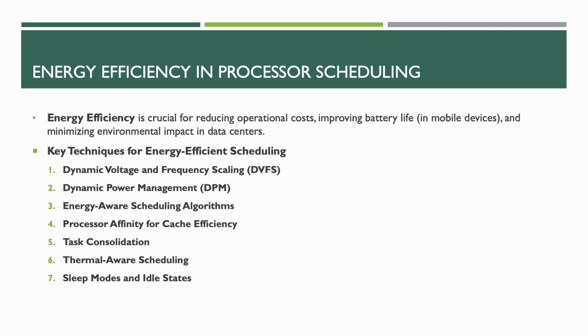Then thermal aware scheduling. It prevents CPU overheating by distributing workloads evenly to avoid hot spots. Then lastly, sleep modes and idle states. Modern processors enter low power sleep states when idle, which helps laptops and mobile devices conserve battery by reducing background power usage.